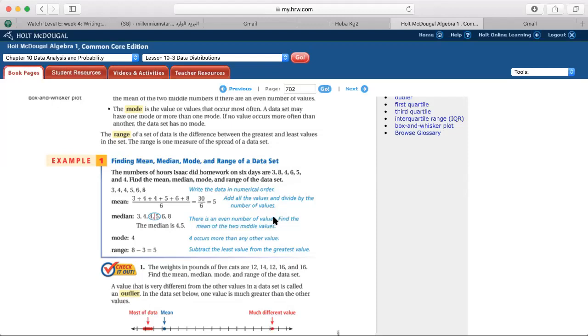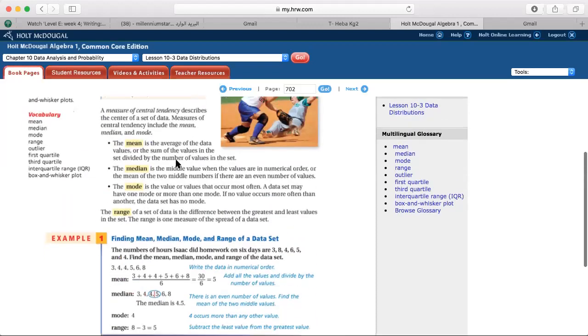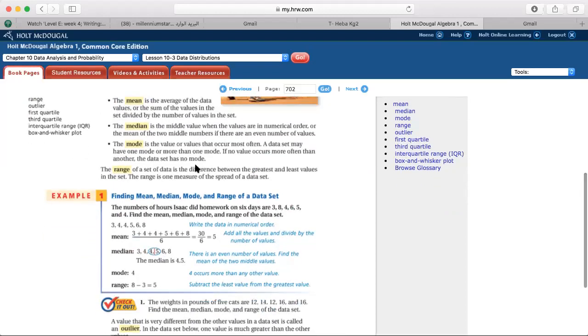From least to greatest: the least number is 3, then comes 4, and 4 is repeated again, then 5, then 6, then 8. Okay, mean. Let's go back and see the definition of mean: the sum of the values in the set divided by the number of values in the set.